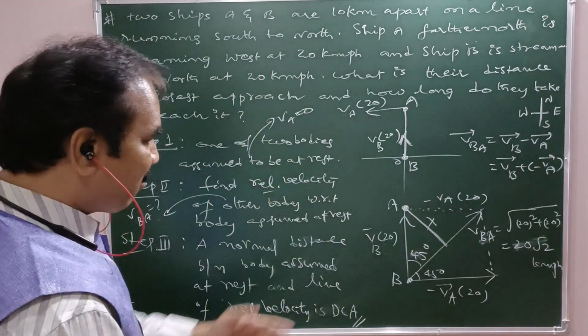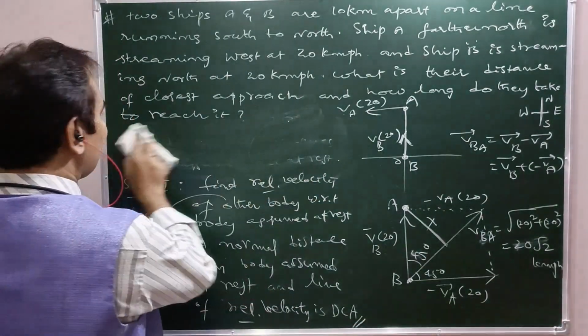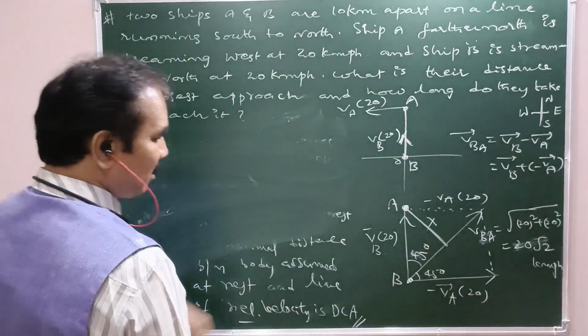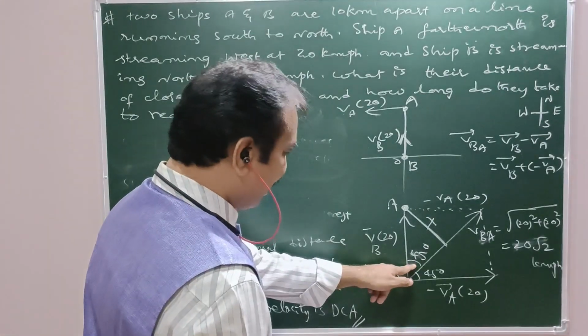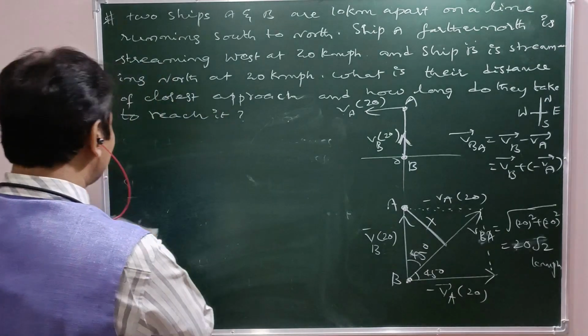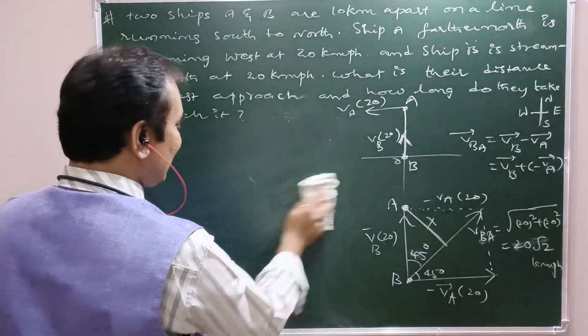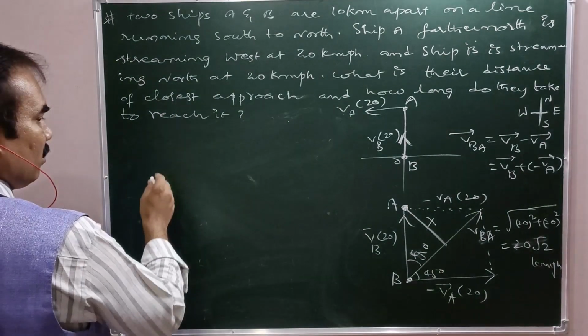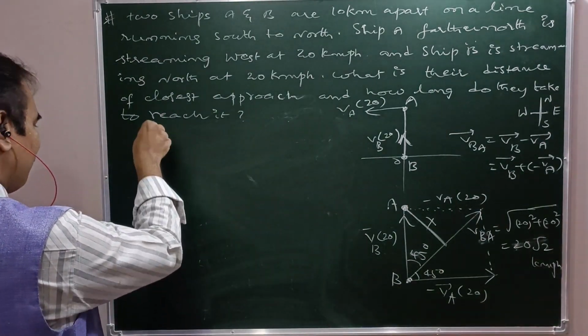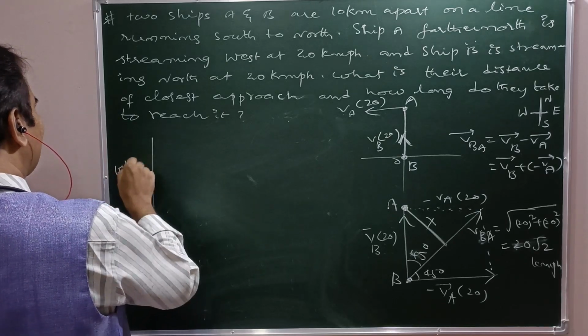Now I'm going to find the x value. How to get x? We know this angle, and we know this separation also. What is the separation between A and B? That is 10 km. I'm rewriting it here: in terms of distance, 10 kilometers.